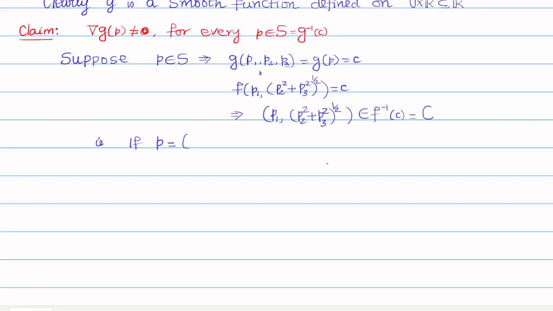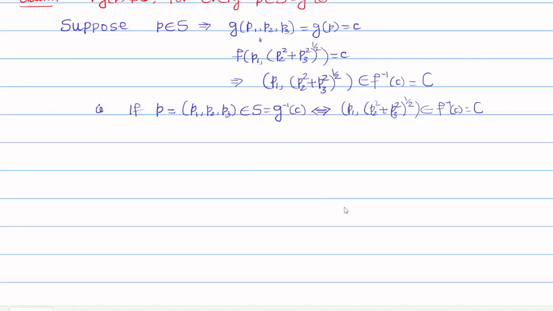If p, which is equal to P1, P2, P3, இது என்னுடைய S, அதாவது யாரு G inverse of C ல இருந்தால், this would imply that, of course I can write it, that this P1 comma P2 square plus P3 square the whole power 1 by 2, this fellow belongs to my F inverse of C, which is equal to capital C. இந்த இடம் நல்லா புரிஞ்சுதா? அது மட்டும் தான், இது ரொம்ப முக்கியமான விஷயம்.